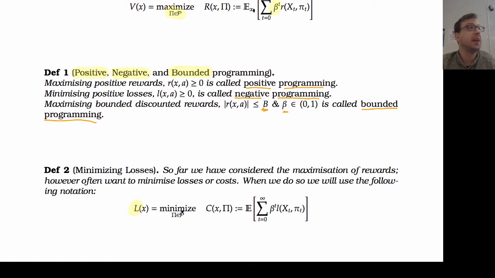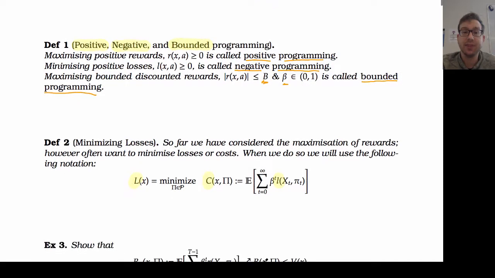Before, for a maximization problem, it was either W or V. This is minimization over the set of policies. Policy has exactly the same definition as before. Rather than a capital R here, I'm going to have a capital C for cost, and I'm going to be taking the expected sum of all the losses. So just a little bit of notation changes there, nothing too fancy.